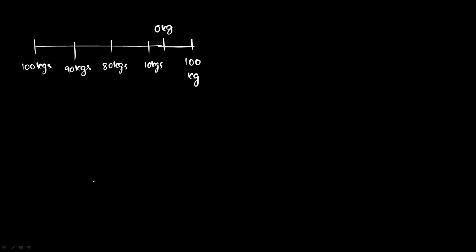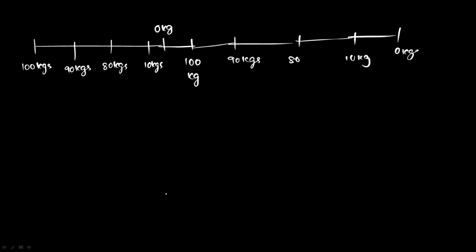Why not 200 kg? You are ordering 100 kgs, so it will be 100 kgs. Again it will become 90 kgs, again 80 kgs, again 10 kgs, and again it will become 0. Again 100 kgs, right?